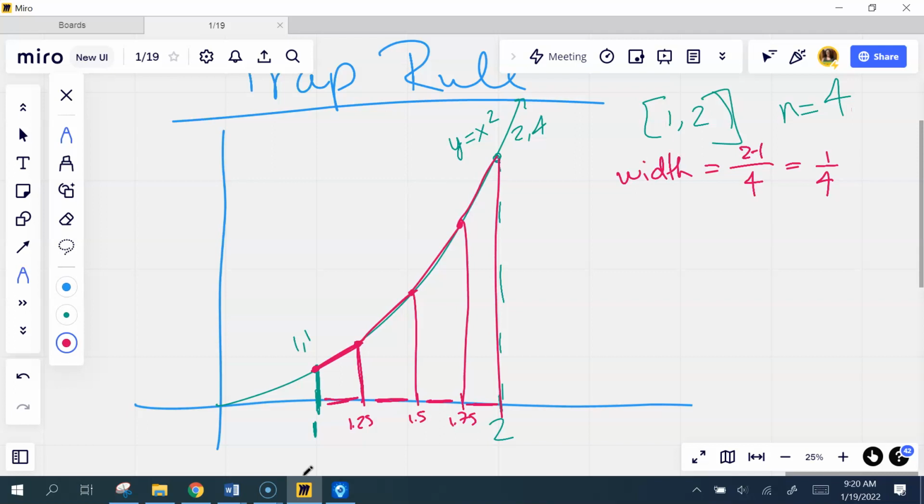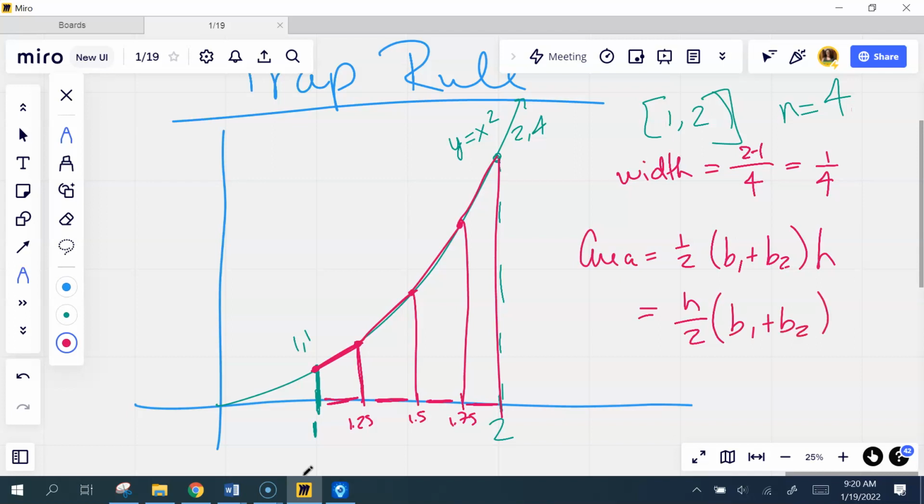So now the question is, how do I find the area of a trapezoid? 1/2 times height. So I'm going to write this a little bit differently and put these together: height divided by 2 times B1 plus B2.